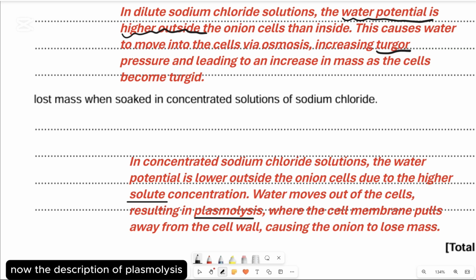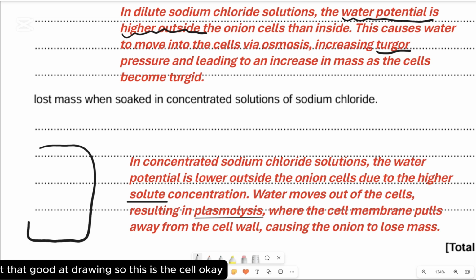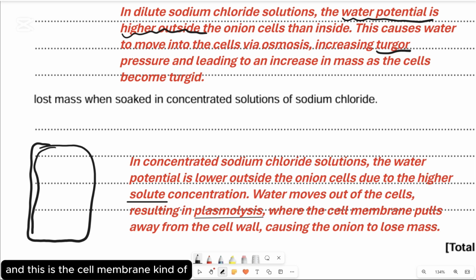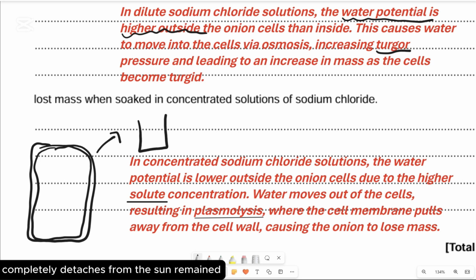Now, the description of plasmolysis I will explain right now, over here with some sort of diagram. Please don't make fun of my drawing, I'm not that good at drawing. So, this is the cell, and this is the cell membrane, kind of. Right now it's attached to the cell wall. But when plasmolysis happens, the cell membrane completely detaches from the cell wall, so it becomes shriveled up.